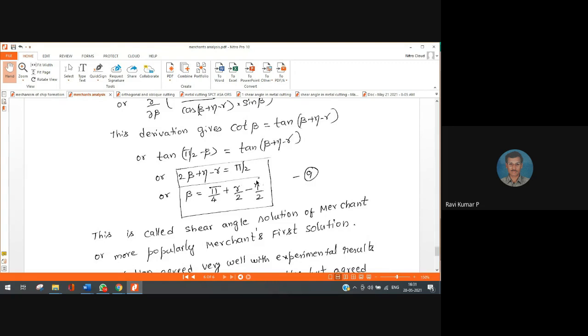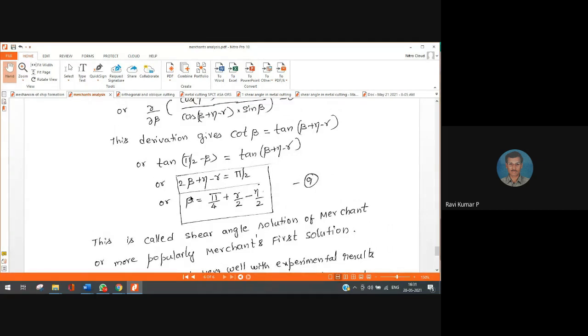Eta tells what the friction condition is. Your rake surface condition and friction condition together will decide the value of beta. When I know the value of beta, tan beta is equal to r cos gamma by 1 minus r sin gamma, so when I fix the value of beta, my chip thickness ratio is going to depend upon the value of beta.